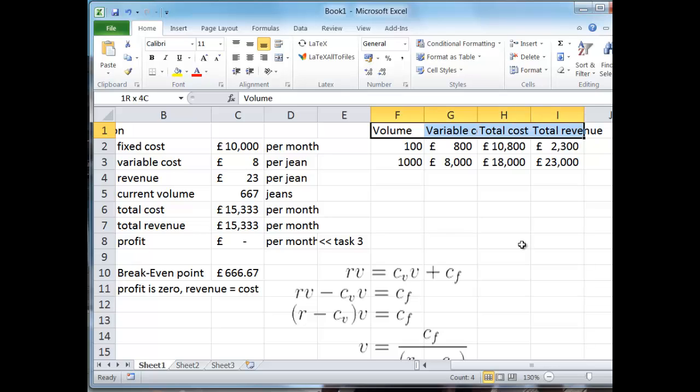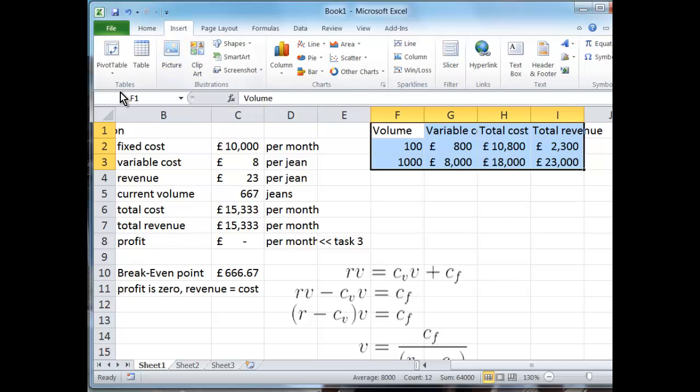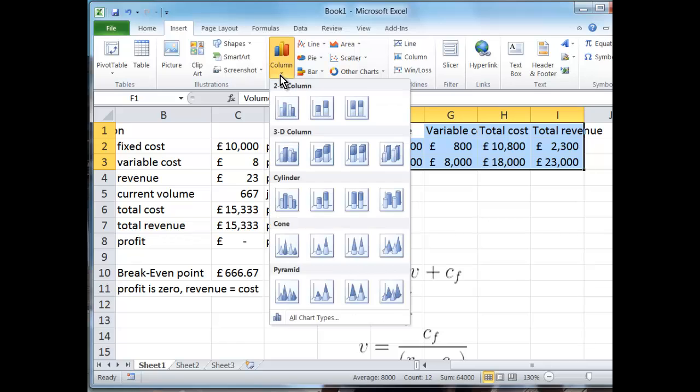Let's see whether we can do that. So I'll just insert a line graph. Well, actually, these are my x coordinates and these are my y coordinates. So it probably would be better if I insert an xy graph.